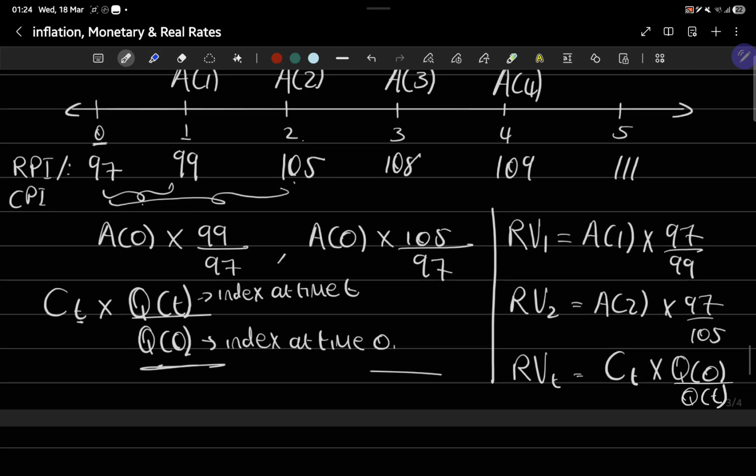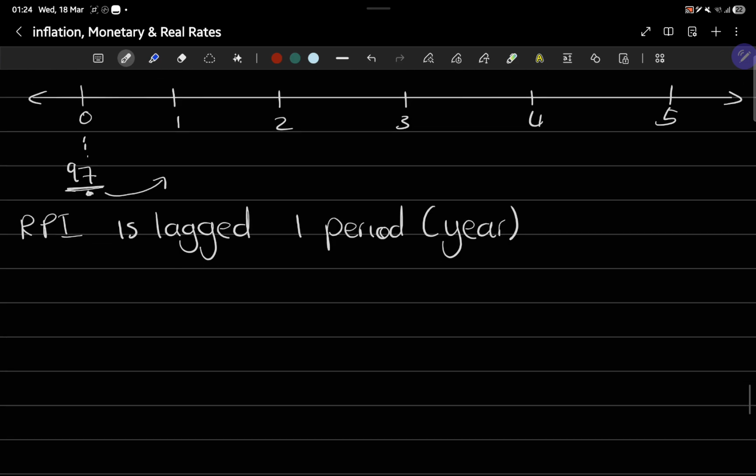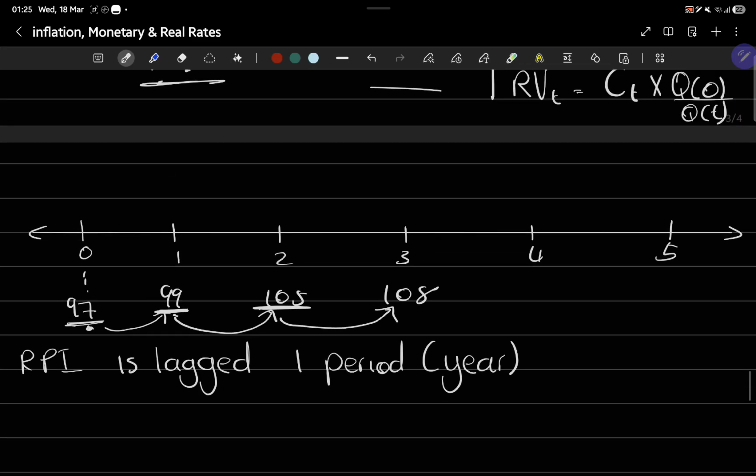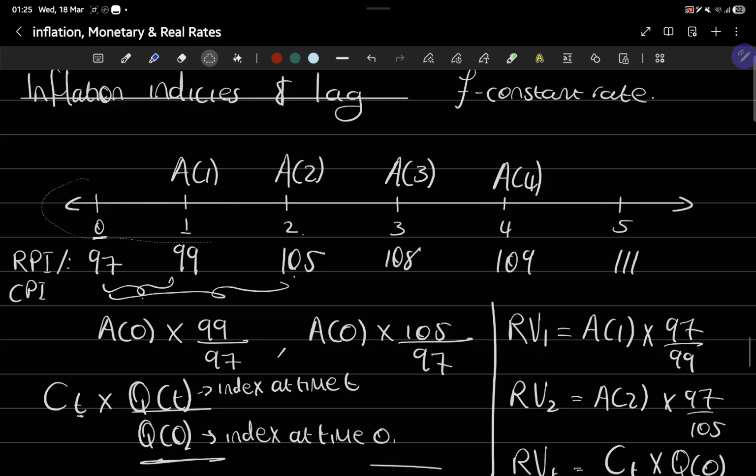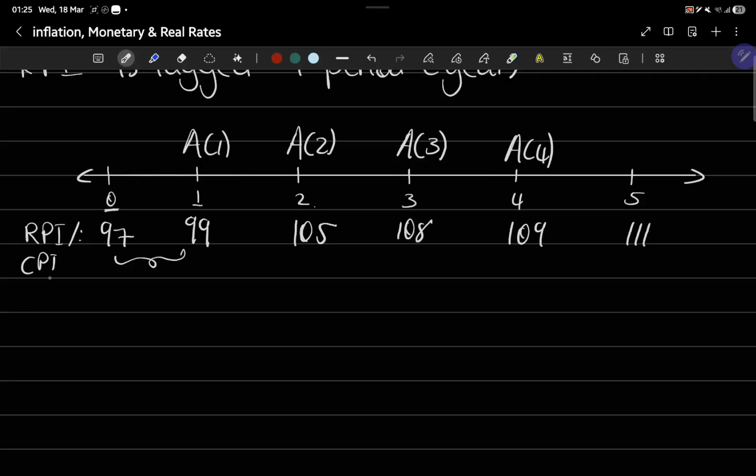Likewise, the value here, let me copy the ones I had, 99, 105, 108, does not represent the index at time 1. It represents the index at time 2. It's premature. The value here is not the index at time 2, it's the index at time 3. So I'm just going to copy down this timeline. These would be the values of the retail price index with lag.